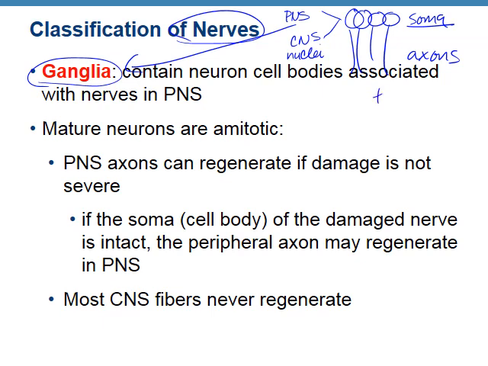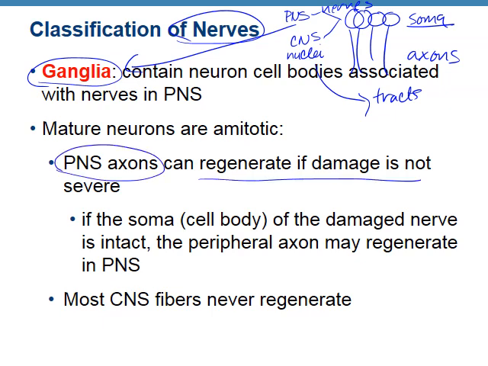And then axons, we had tracts in the central nervous system, and then we just called them nerves in the peripheral nervous system. Peripheral nervous system axons can regenerate. If the soma is intact, the peripheral axon may, and that's a key word there, may regenerate. Most central nervous system fibers never regenerate.